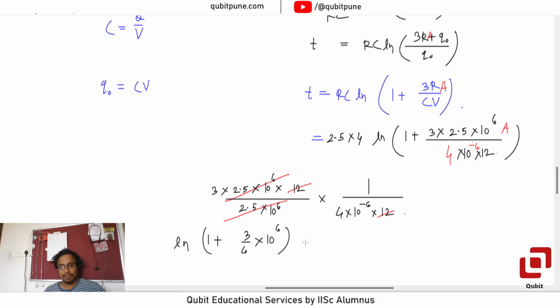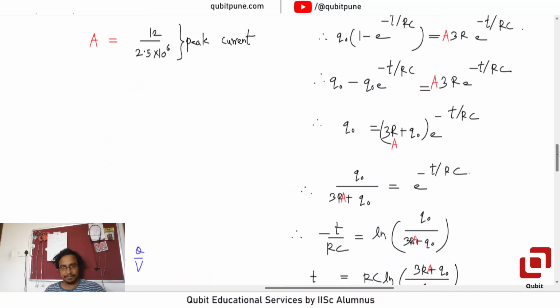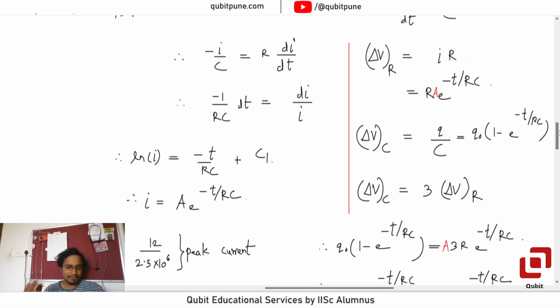Nahi ye kaafi bada ho raha hai. I'm still worried, I mean, a bit skeptical about using that formula directly here without considering the A part.